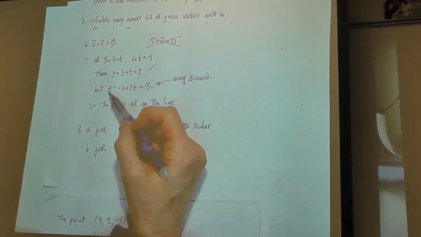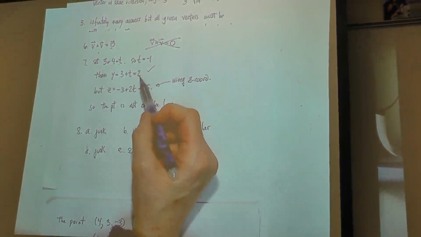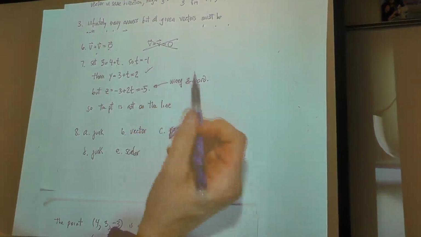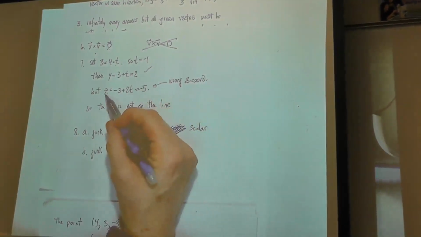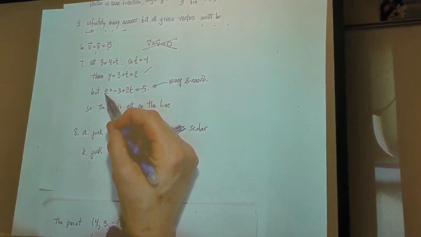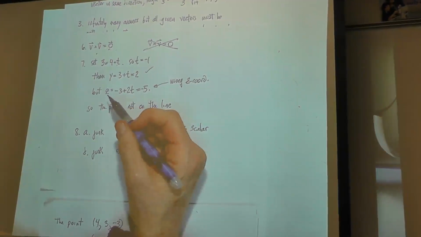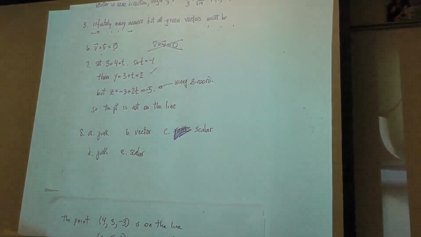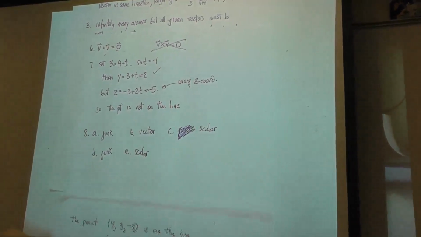At time -1, the y coordinate is 2, well that's correct. But at time -1, the z didn't match up. So it's not a point on the line. Okay?